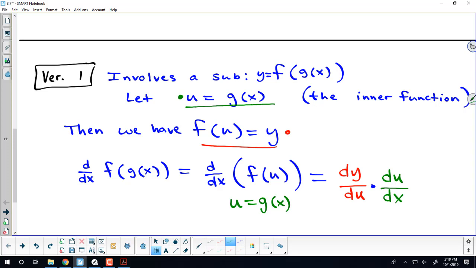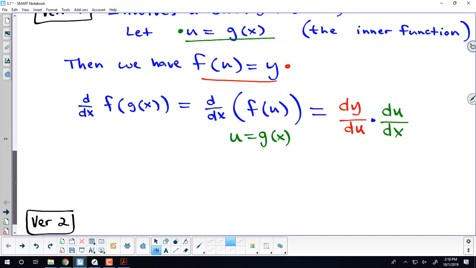So that's exactly what you see in version 1, dy over du times du over dx. And then you have to resubstitute. Finally, resubstitute g of x for anywhere you see u.